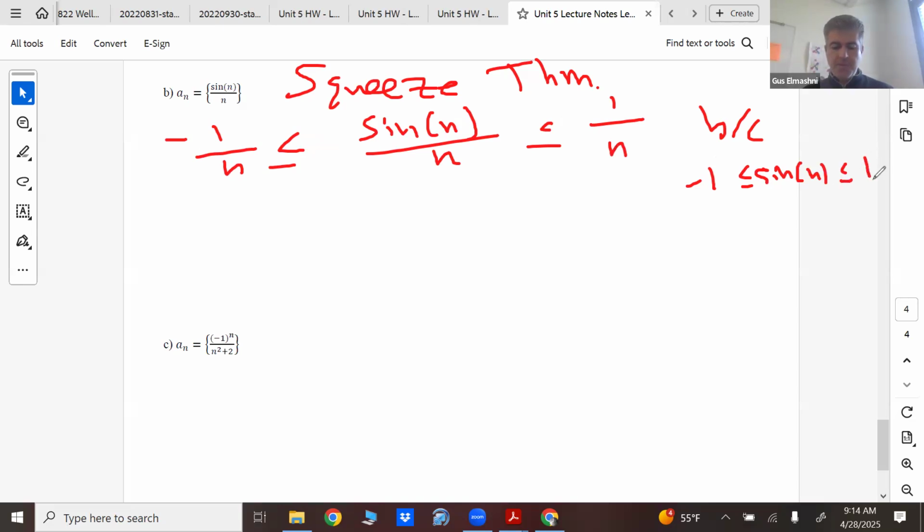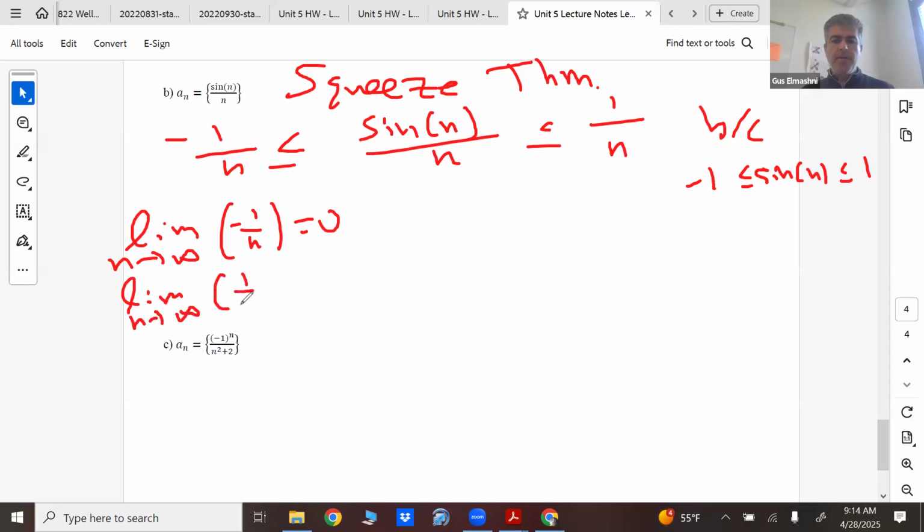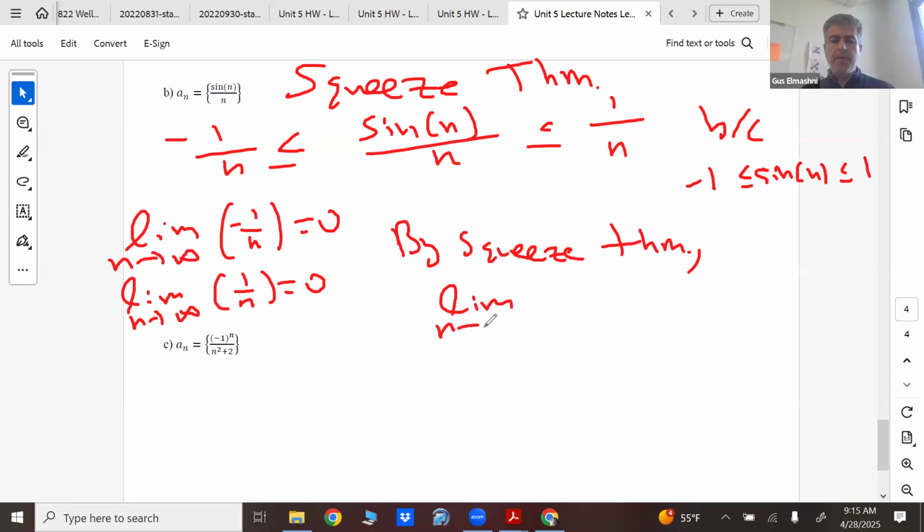Okay. So what's the limit as n approaches infinity of -1 over n? What's the limit as n approaches infinity of 1 over n? So by squeeze theorem, the limit as n approaches infinity of sine n over n must also equal 0.